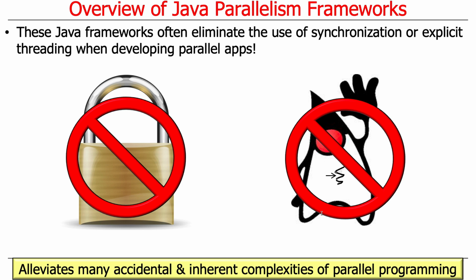So threads pretty much disappear, synchronization pretty much disappears, and as a consequence, many of the accidental and inherent complexities of parallel programming disappear. So there's a lot less to go wrong with your code because you don't have to put locks in your code often. You pretty much never have to spawn threads. And so that makes everything a lot simpler. There are still a few cases where you have to lock things, but usually you would end up using some kind of data structure like a concurrent hash map or whatever.